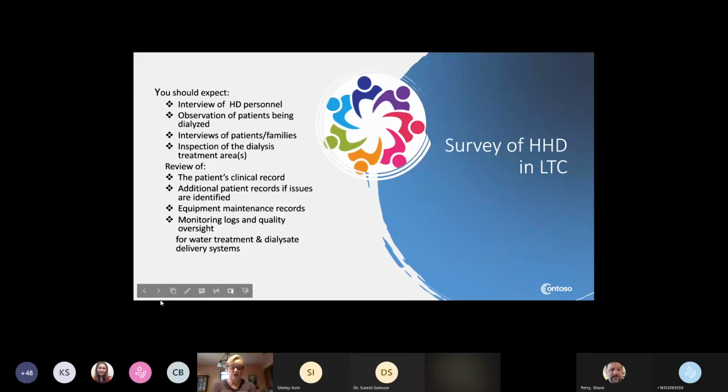The surveyor will also review the clinical record of the patient, the dialysis record, as well as parts of the long-term care record to look at that coordination of care that each of the previous speakers have mentioned is so critical. Also looking at equipment maintenance records, so that whatever type of equipment is used, whether it's a conventional dialysis machine or a more frequent dialysis setup or peritoneal dialysis, some of those treatments require cyclers, which are also machines. So all that maintenance record needs to be looked at.